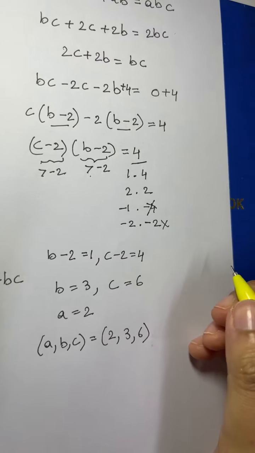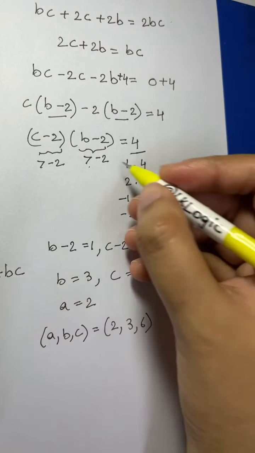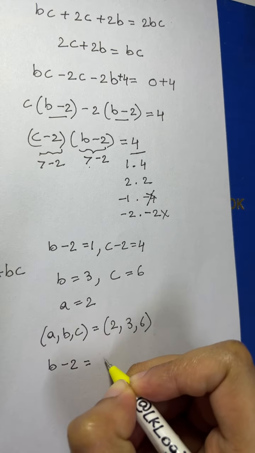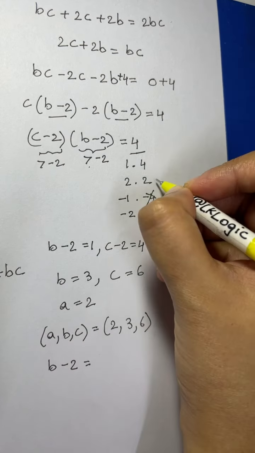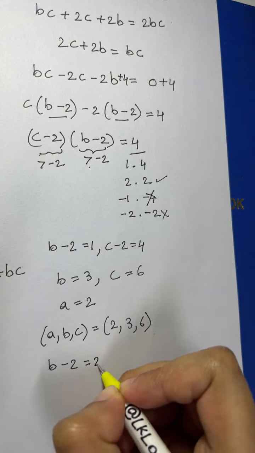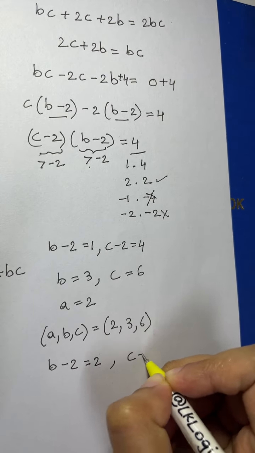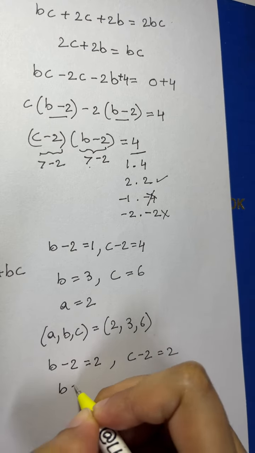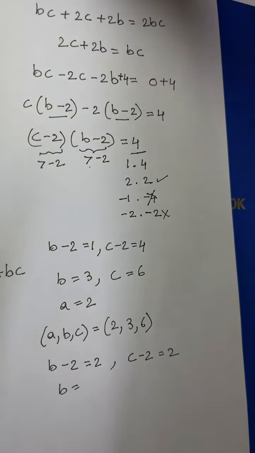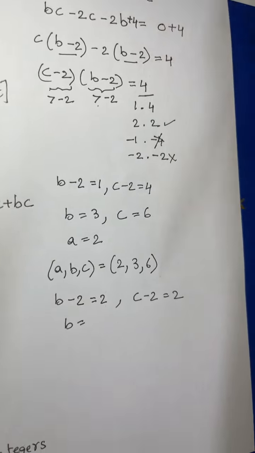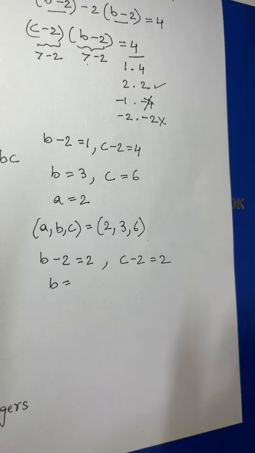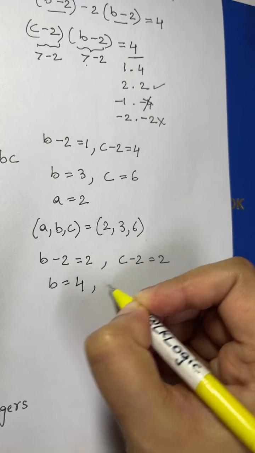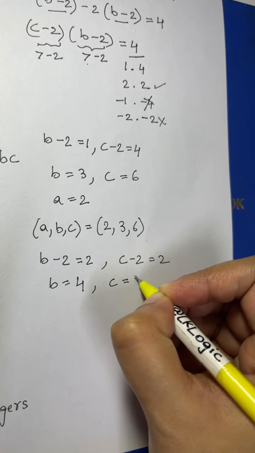And another condition. If B minus 2 is equal to 2, and C minus 2 is also equal to 2, then B is equal to 2 plus 2, that's 4, and C is also equal to 4.